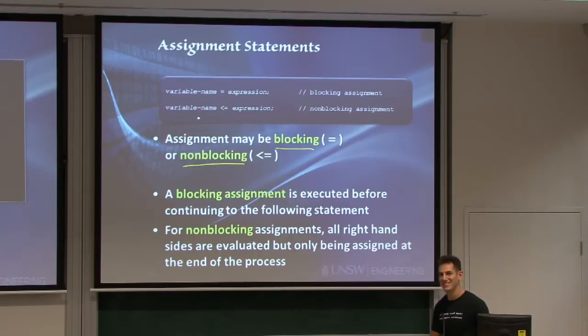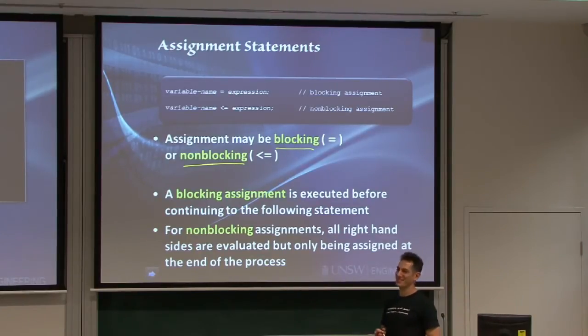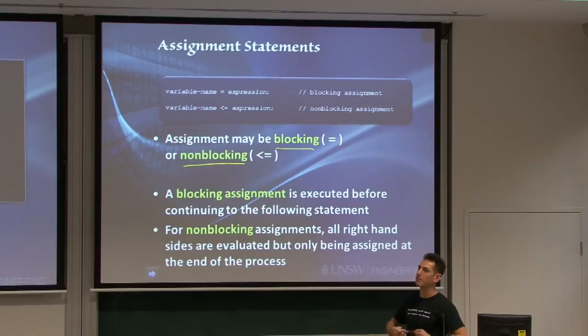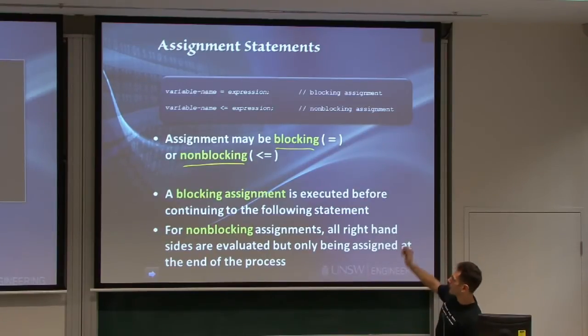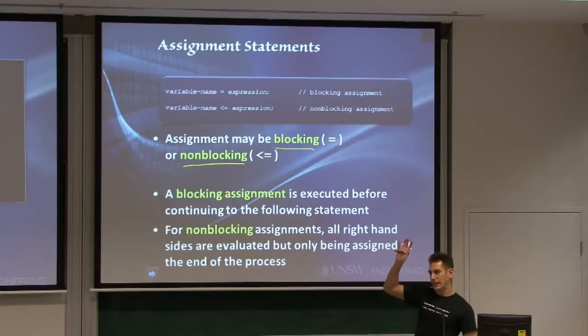Who's confused? One person. Liars. Can I ask you a question, please? Yeah. For non-blocking, so you're saying that only the commands are executed at the end of the process, not right at the end, you know what I'm saying? Well, those non-blockings can exist anywhere inside your process.